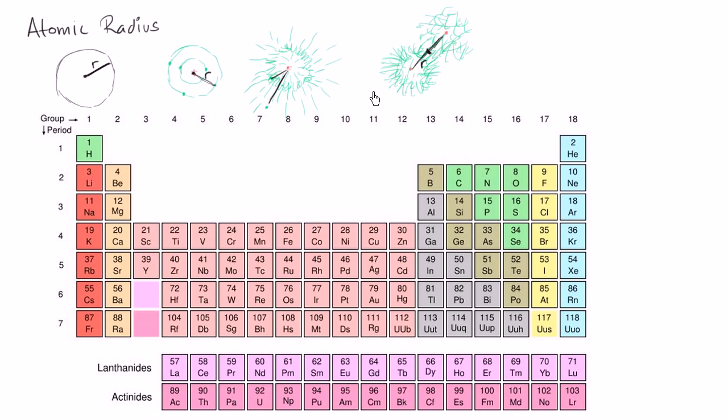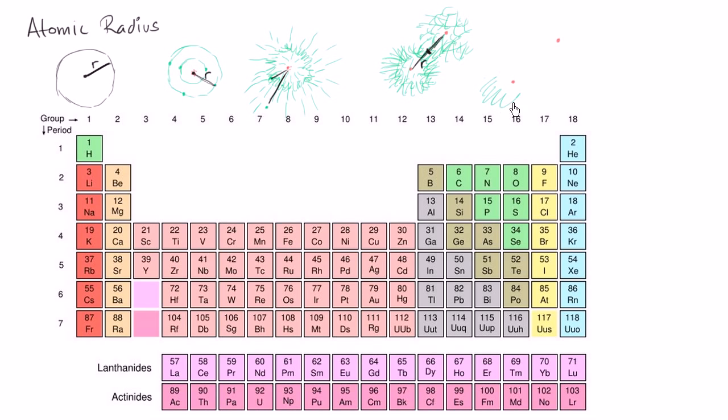Another way is, what if you have two atoms of the same element that are bonded to each other through a covalent bond? We've seen covalent bonds in the past. You essentially have two atoms. That's the nucleus of one, that's the nucleus of the other, and they're sharing electrons.